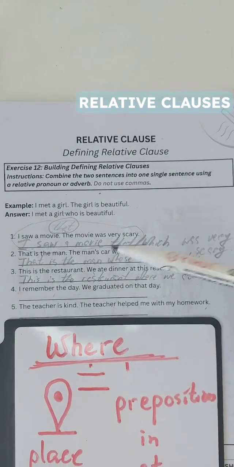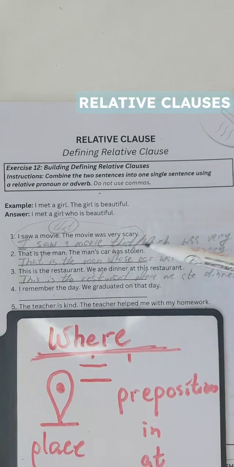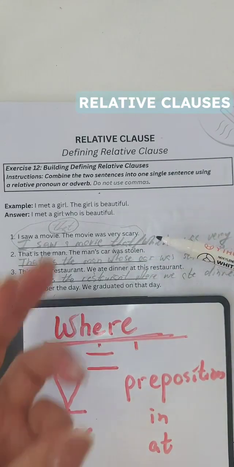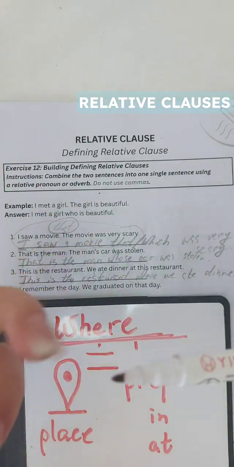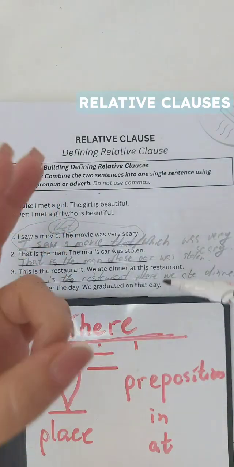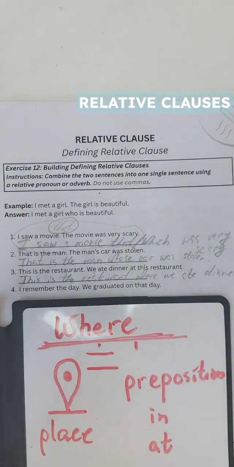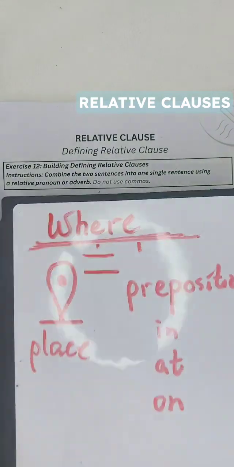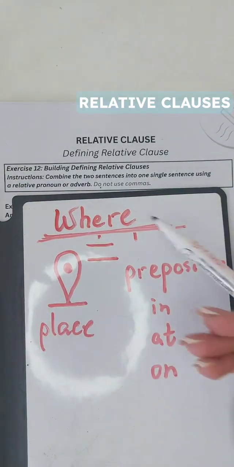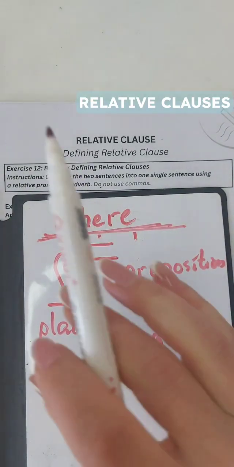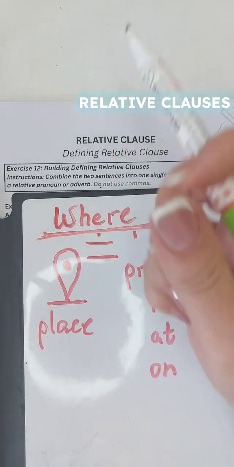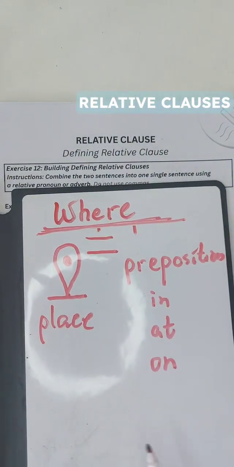This is the restaurant where we ate yesterday includes the place, the restaurant, and the preposition. So every time you see where, you already know that you can skip the preposition and the place.